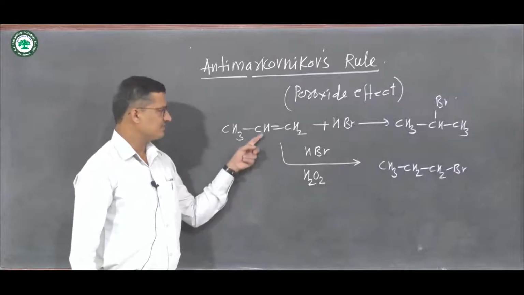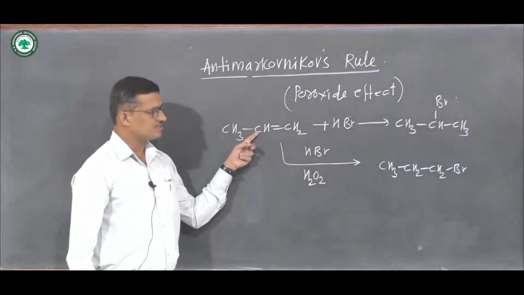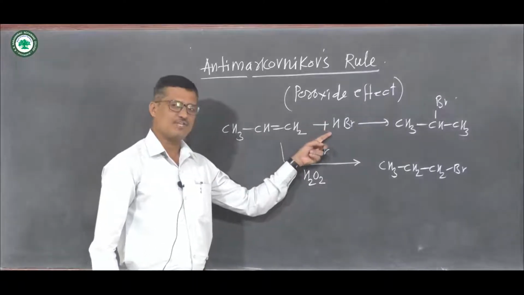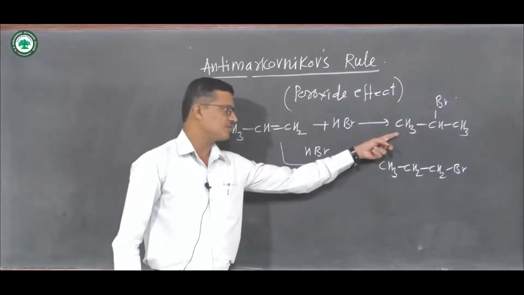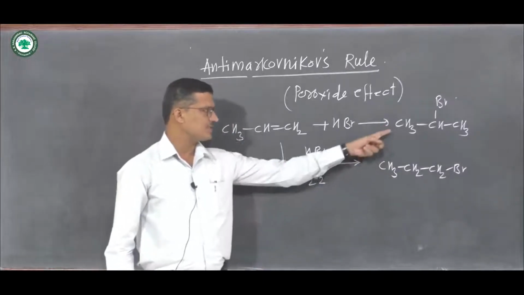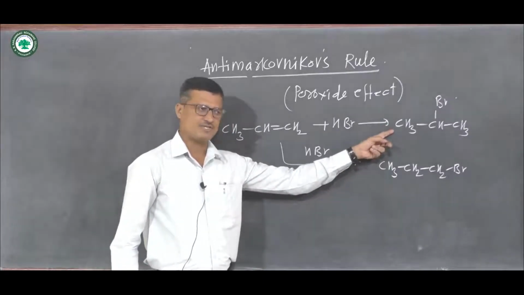So this is a simple case. You take the same starting compound, the reaction takes place in presence of only HBr, then the major product is 2-bromopropane, and this product is according to the Markovnikov addition.